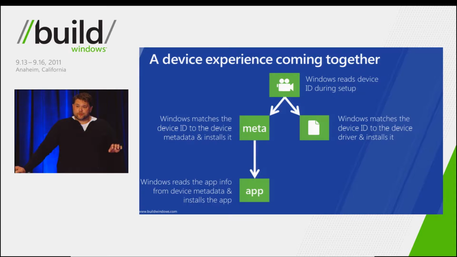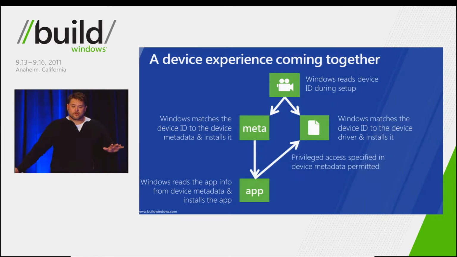And we go to the store silently and acquire the app and install it onto the start screen without any further work. There's no prompt to the user. There's no notification to the user. It just happens. So now all the components are installed on Windows. We have a driver, we have a metadata package, and we have an app. They're all linked together, and Windows knows about all of them.